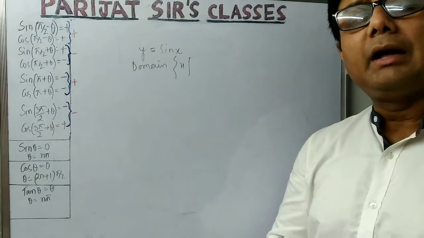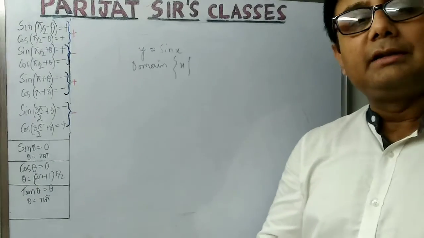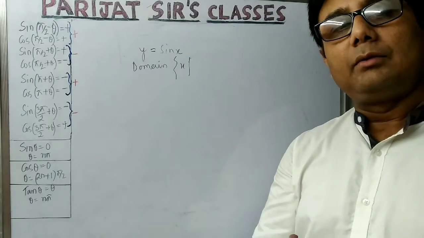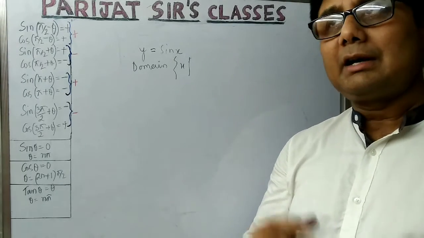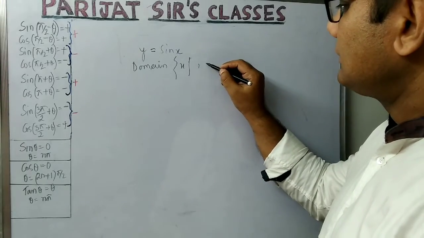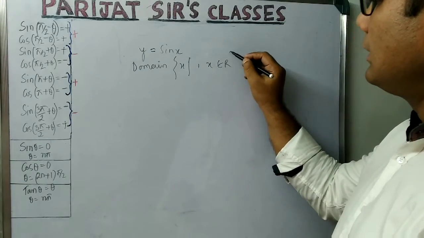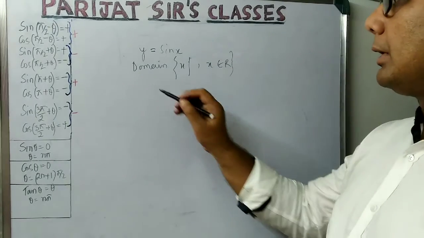I can choose any value from the real numbers. I can choose any value: sine 0, sine 0.1, sine 1.1, sine 30 degree, sine 40 degree, sine 60 degree, sine minus 30 degree, anything I can choose. So x belongs to the real numbers.